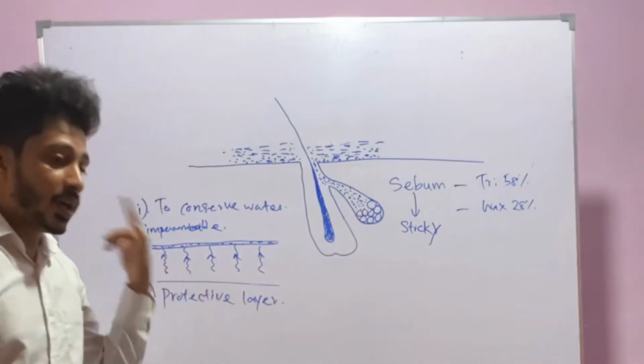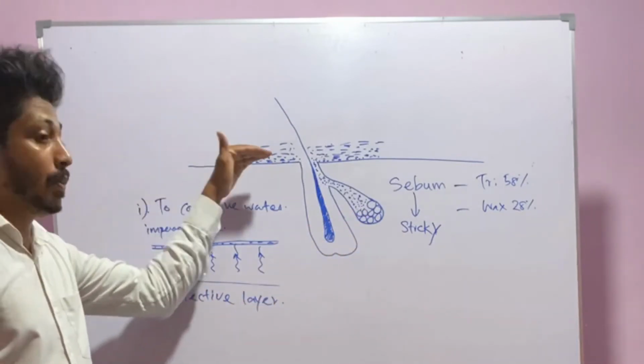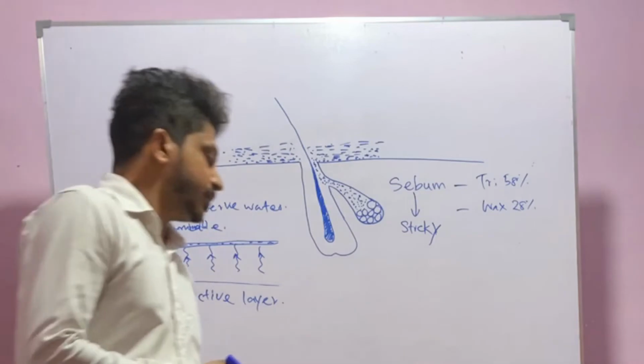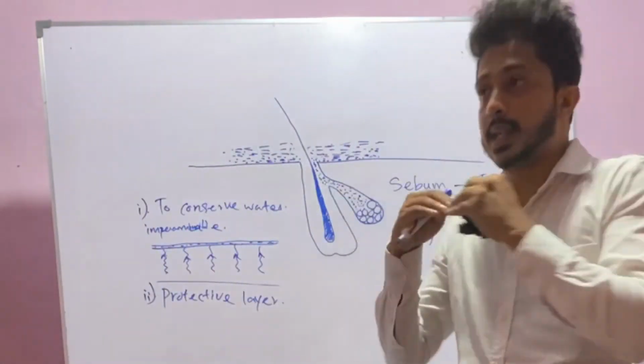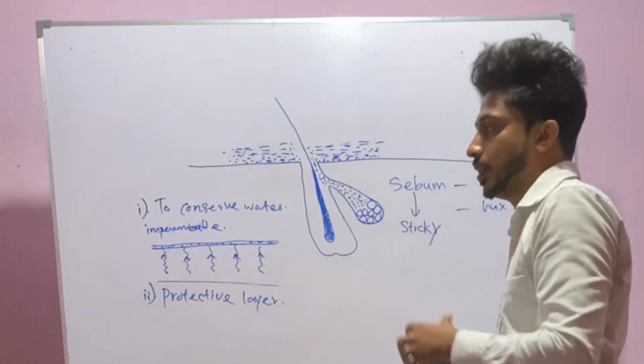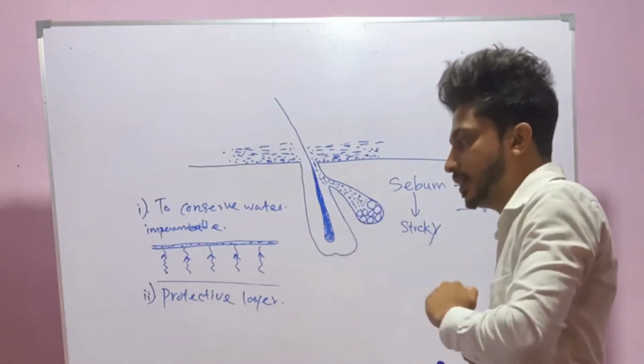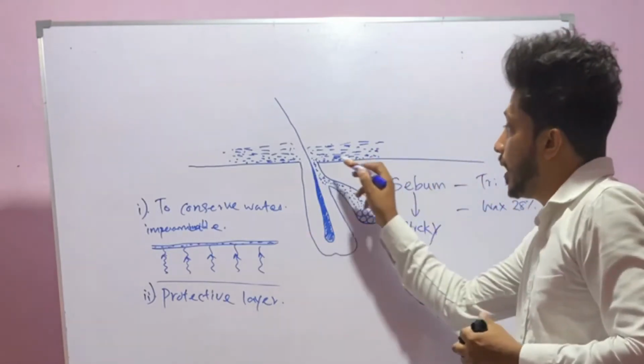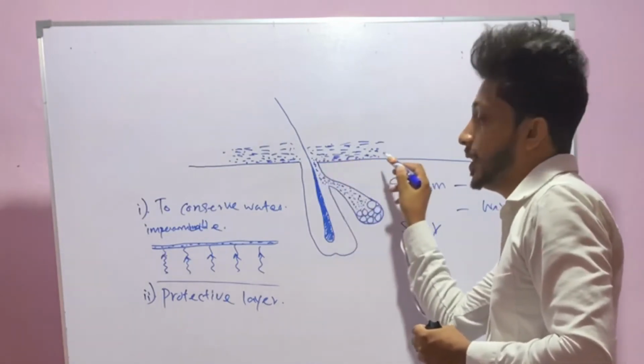I have already told you that in the top layer of our skin, some of the cells become dead and some cells are regenerated and die. So there are dead cells on the top of our skin.